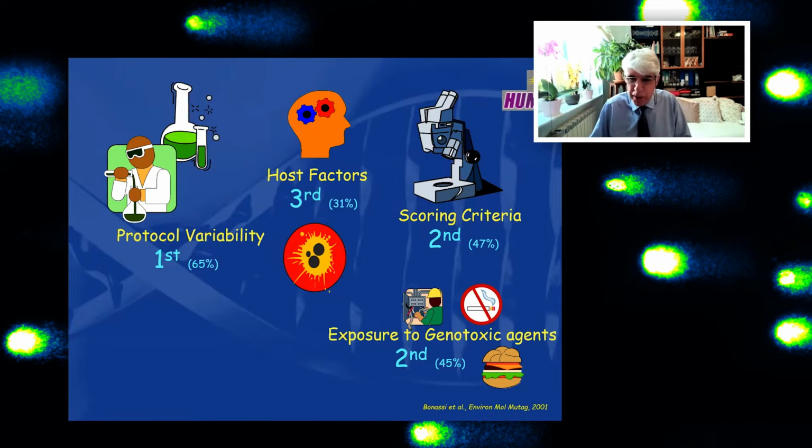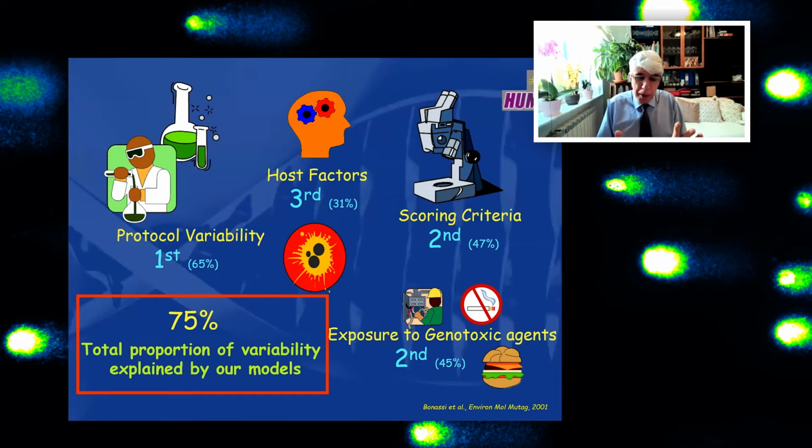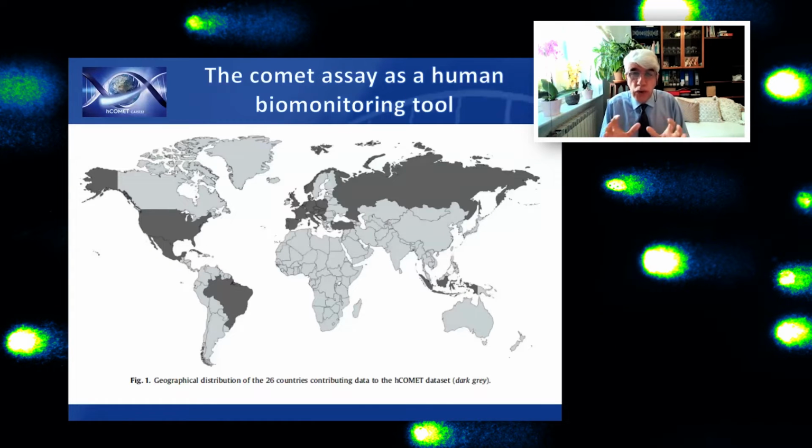I mean, exposed people should have higher levels than unexposed. All these factors explain in our model 75%, a large part of this variability. So the idea was that if you make studies like this, you can try to understand much better the sources of variability, and to control them.